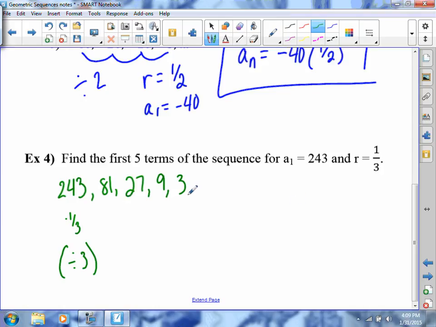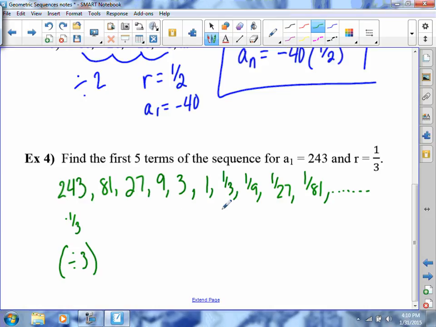Now, if we kept going, we would get 1, and then 1/3, and then a 9th, and then a 27th, and then 1/81. Okay? Does that look familiar?